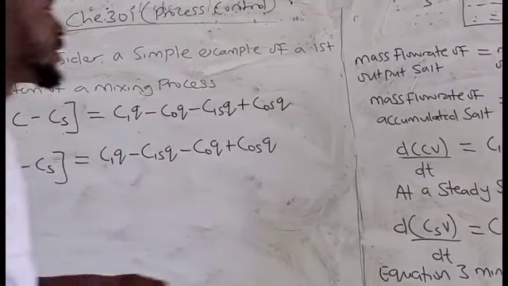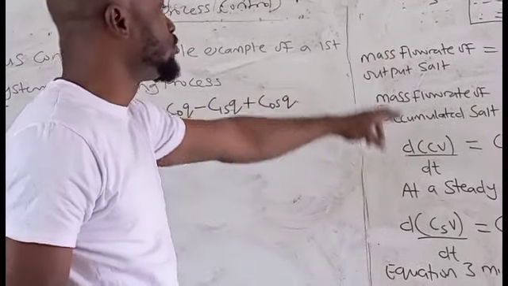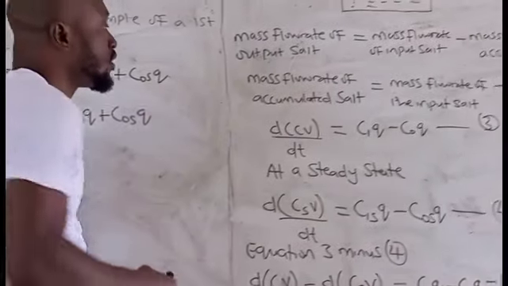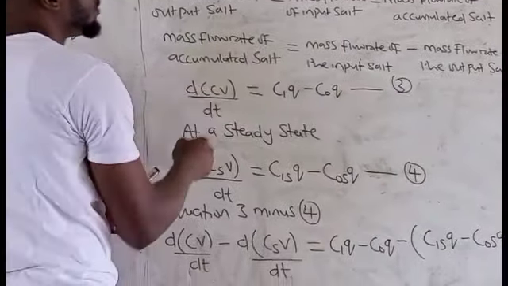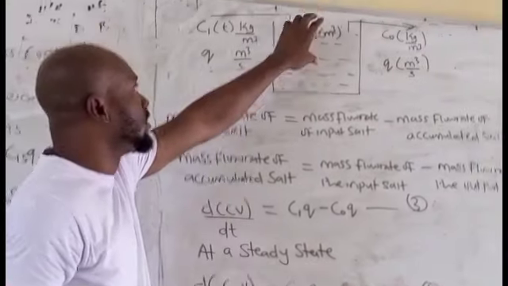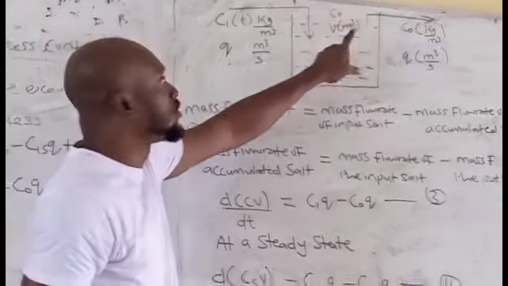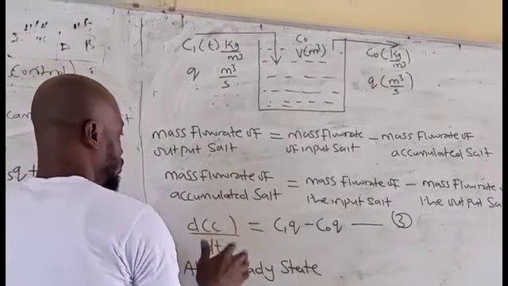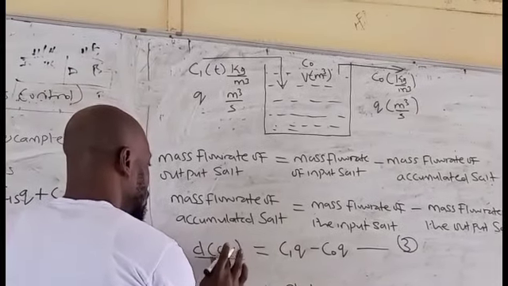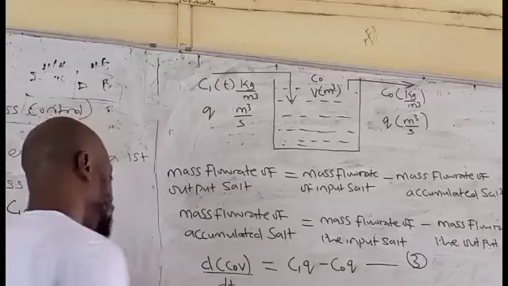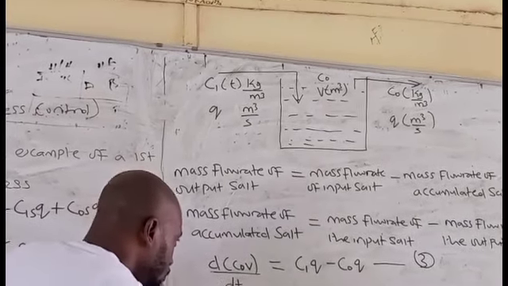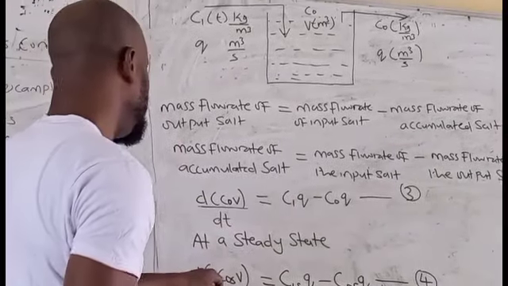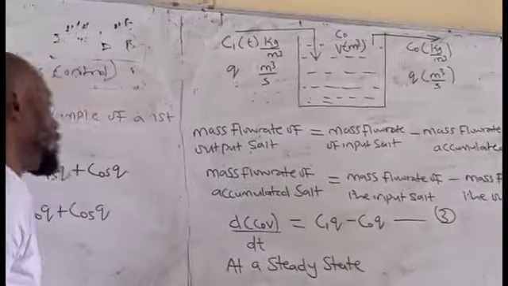But there's something you need to know, like mass flow rate of accumulated salt. Instead of writing c V, because the density from the tank, we have accumulated salt. The density here is c0. So I will now replace it with c0. It will be c0 V, so it's supposed to be c0s V as steady state.